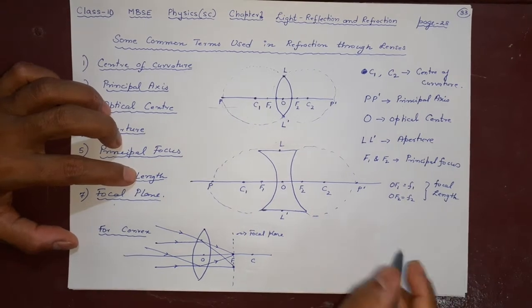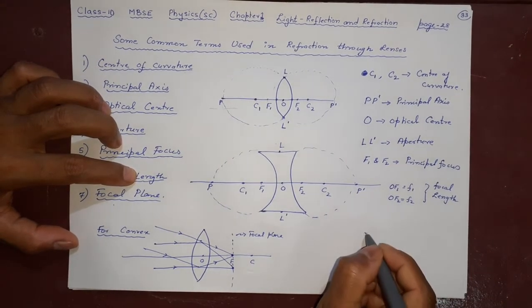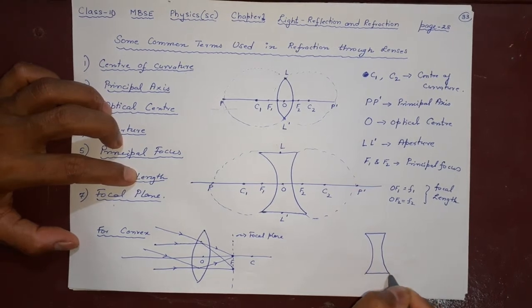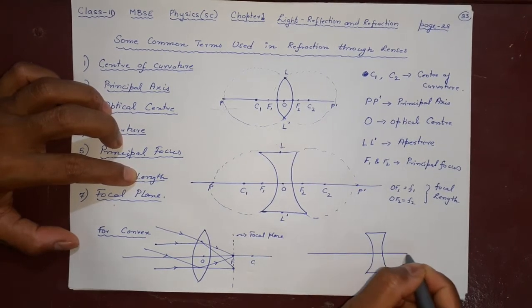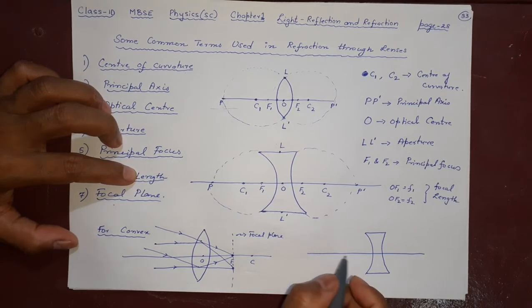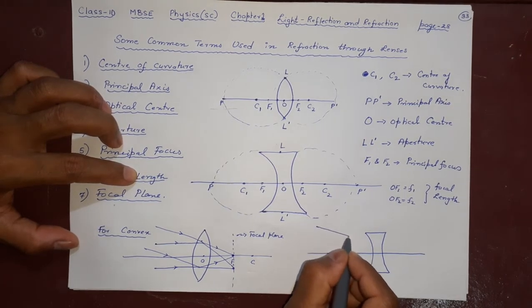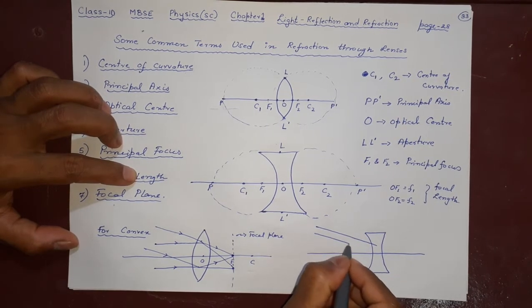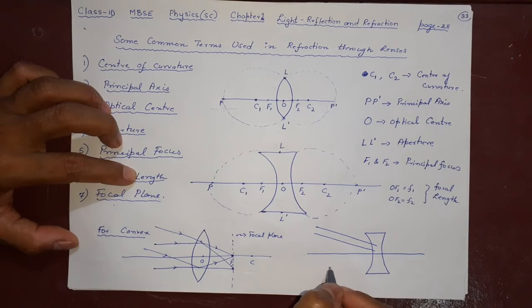Right. Similarly, in the case of concave lens also it is possible to draw it. Suppose the ray of light is coming like this, and like this. What will happen?